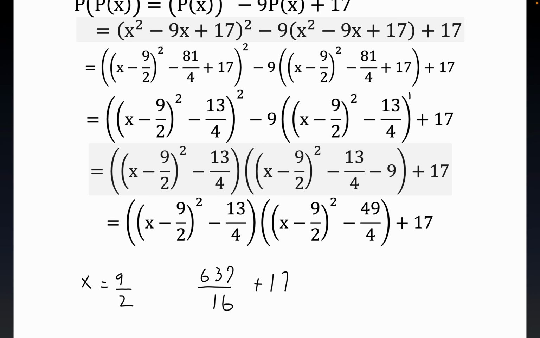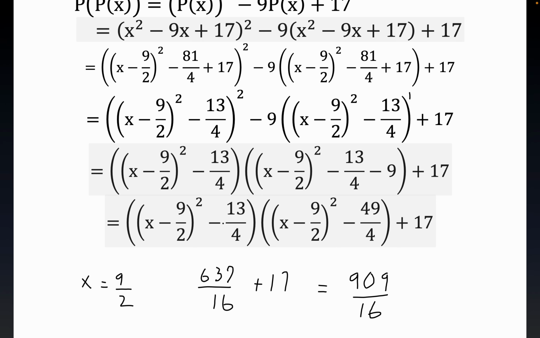Now let's see here. This is equal to 17 times 16 is 272. So you end up with 909 over 16. There's no doubt that this would be a local maximum value because if you substitute any other numbers in other than 9/2, you're going to be adding the same positive number to the negative number.